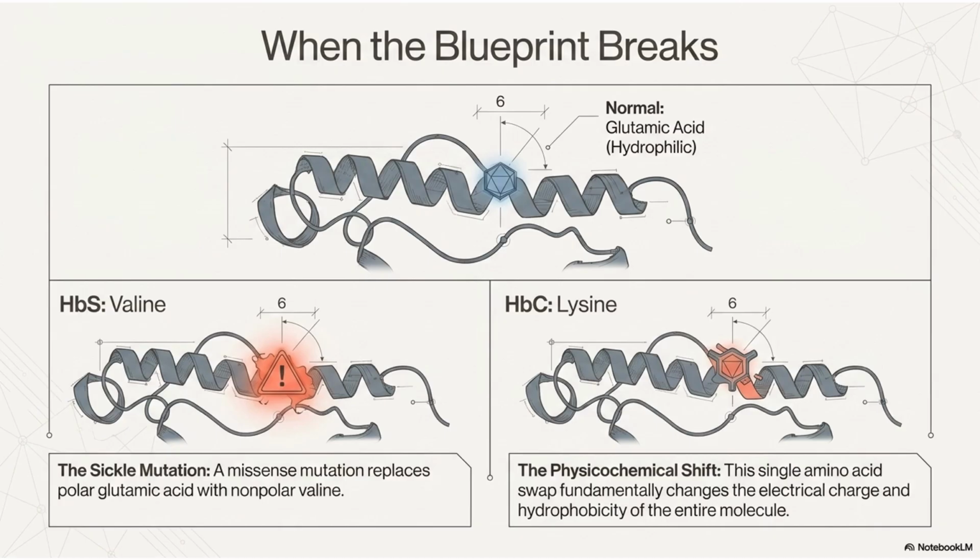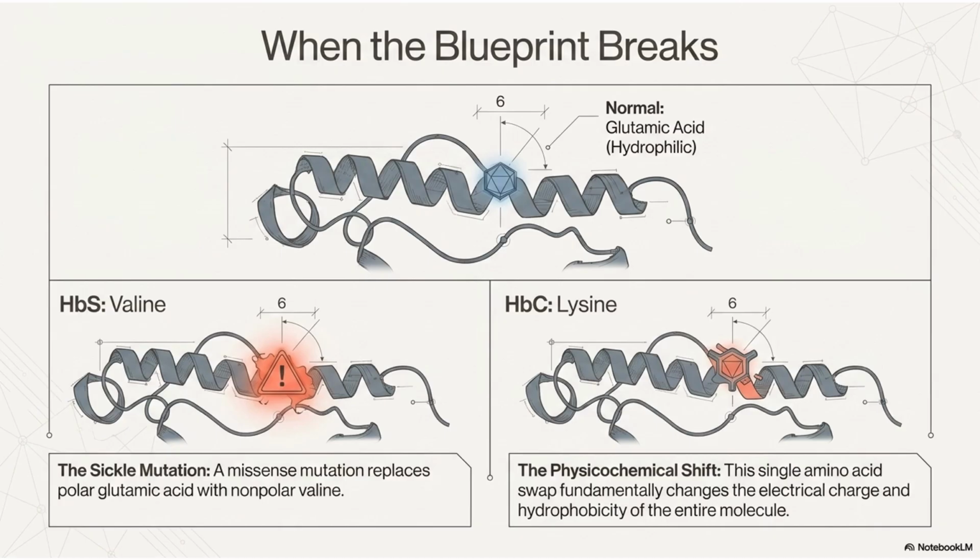So take a look at the figure on this slide. Normal adult hemoglobin contains glutamic acid as the 6th amino acid on each beta globin chain. In hemoglobin S, that glutamic acid is replaced by valine. In hemoglobin C, that same glutamic acid is replaced by lysine.